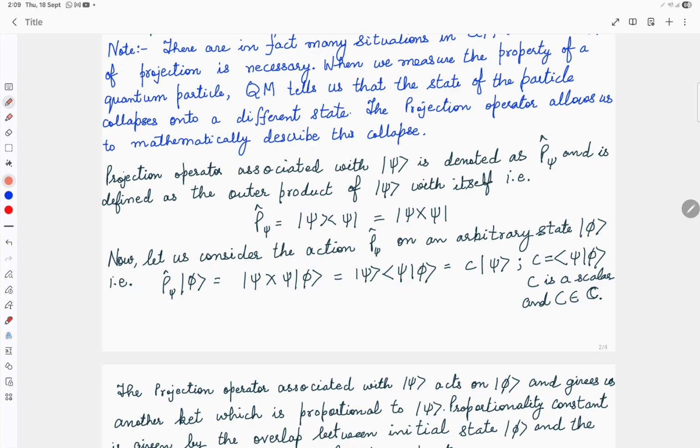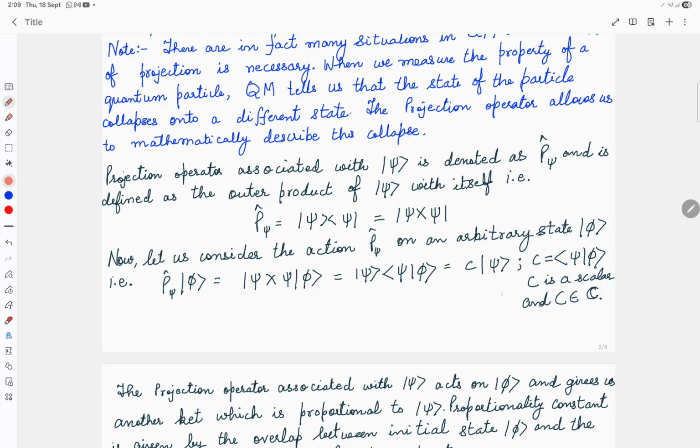Projection operator acting on ket phi. If we substitute the value of this projection operator, this is the outer product and this is ket phi. If we solve this, it will come out to be the quantum state ket psi just scaled by a scalar.